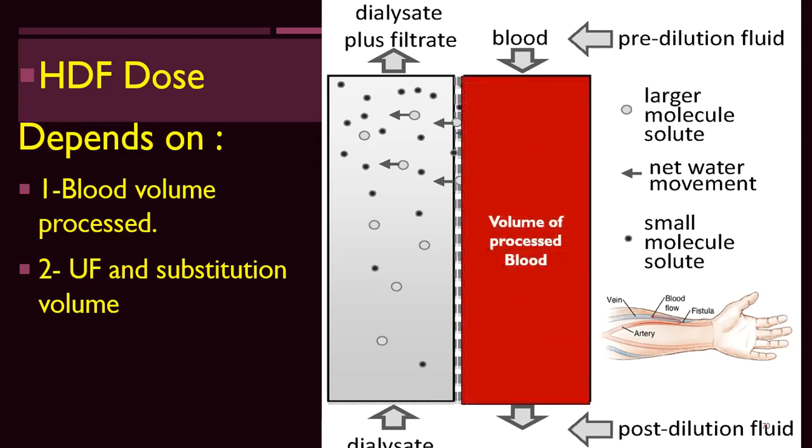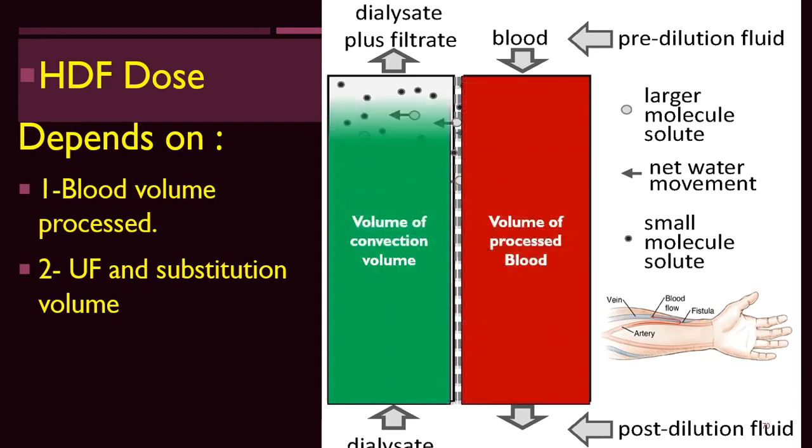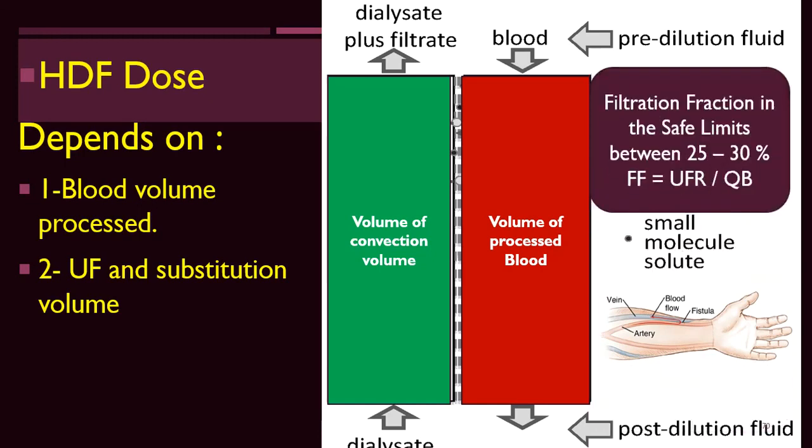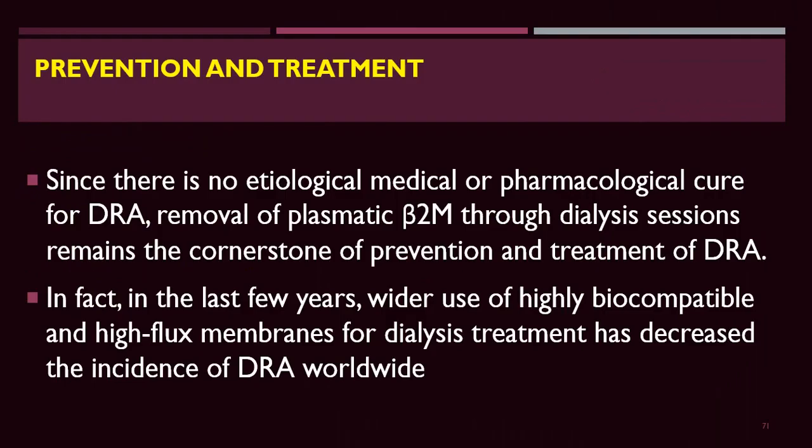Increasing the dose of hemodiafiltration by substitution above 20 liters improves dialysis-related amyloidosis. So, prevention and treatment: since there is no ecological, medical, or pharmacological cure for dialysis-related amyloidosis, removal of plasma beta-2 microglobulin through dialysis sessions remains the cornerstone of prevention and treatment.